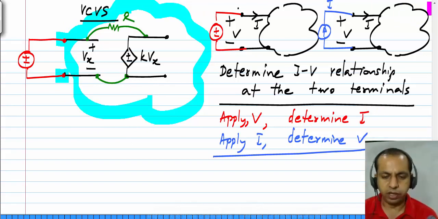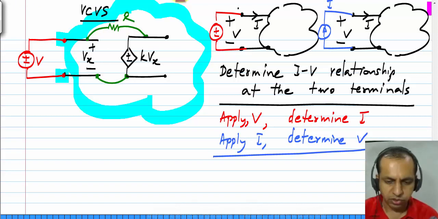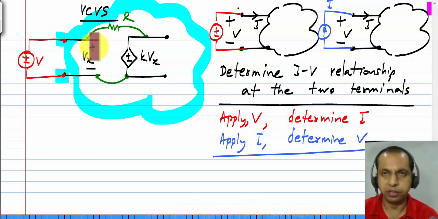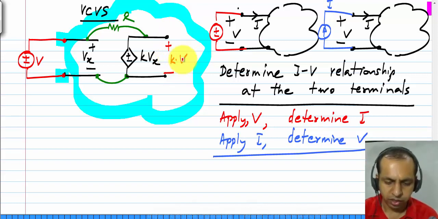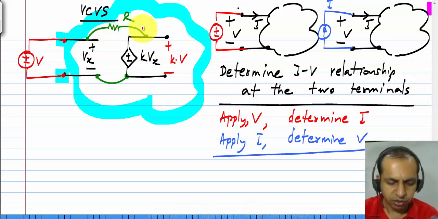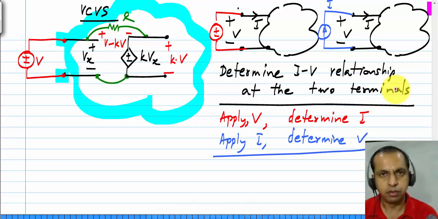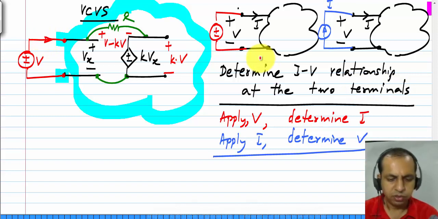Now for this particular case, let me apply a voltage V. Now because this Vx equals V by Kirchhoff's voltage law, very simple application of it, the voltage across this is K times V. And again by Kirchhoff's voltage law, the voltage across the resistor in this polarity is V minus K times V. So the current drawn from the source will be equal to the current flowing in the resistor, which is this voltage divided by the resistance value.